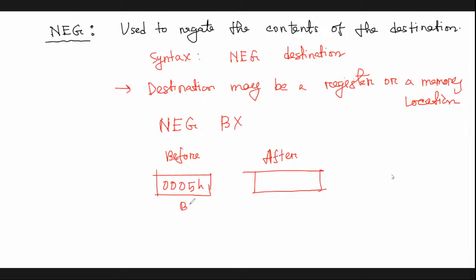Before, bx has 0005h. What will be after? Can you say?